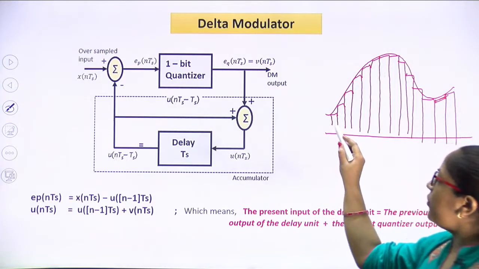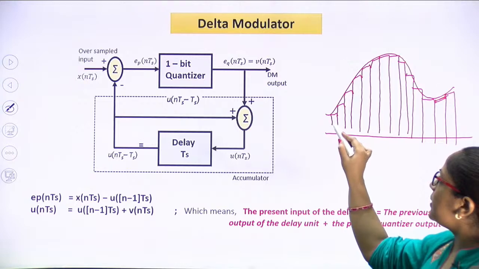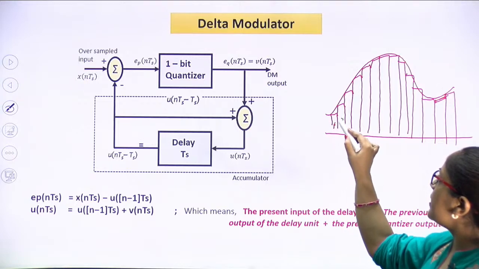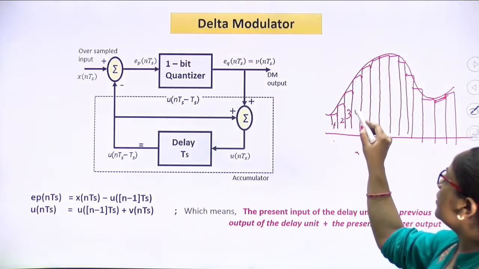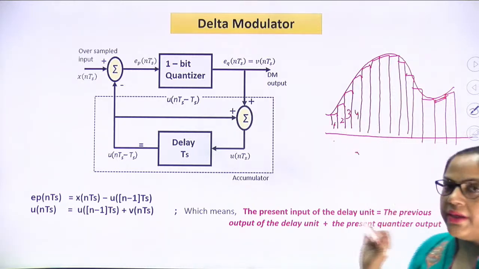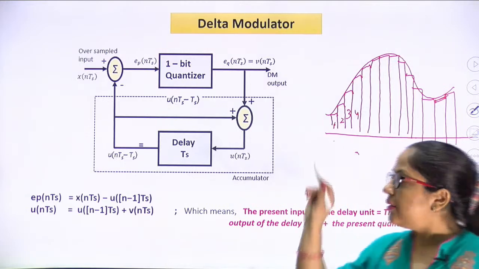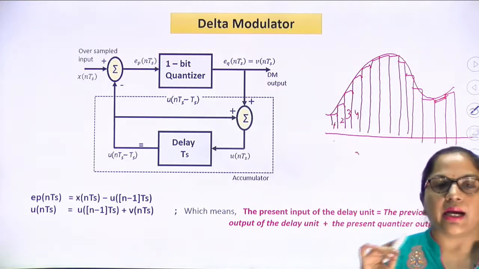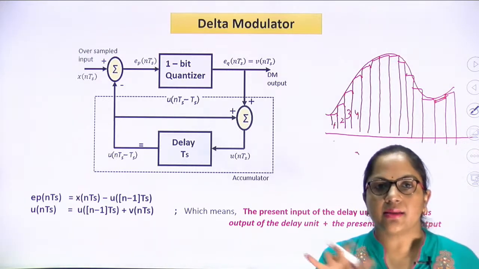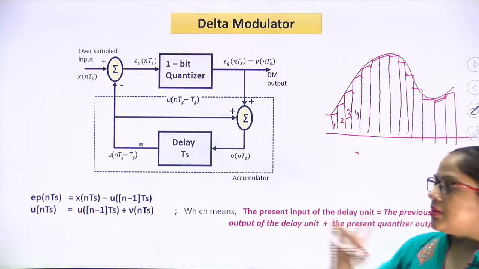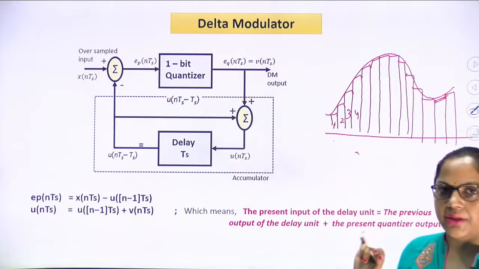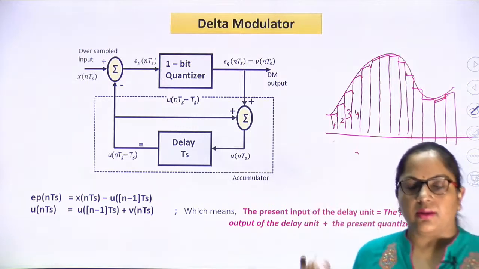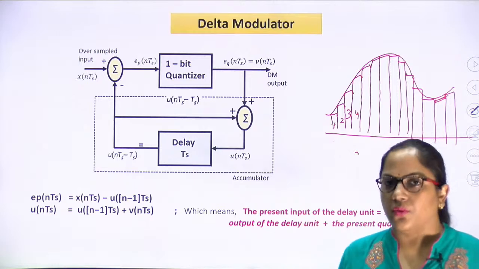Here we can observe that this is our sample 1, this is our sample 2, and this is our sample 3, and so on. But these samples are very close to each other. Why? Because they are highly correlated. Correlation means similarity. So the first requirement to perform delta modulation is a high amount of correlation. If it is not available, then we can achieve it with the help of oversampling.